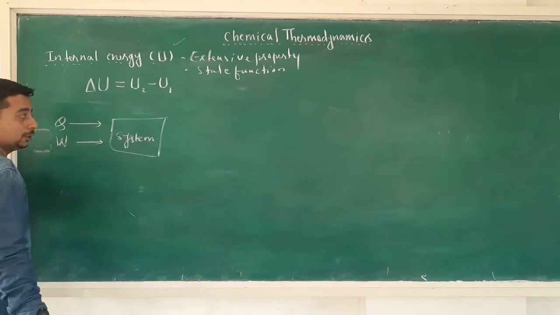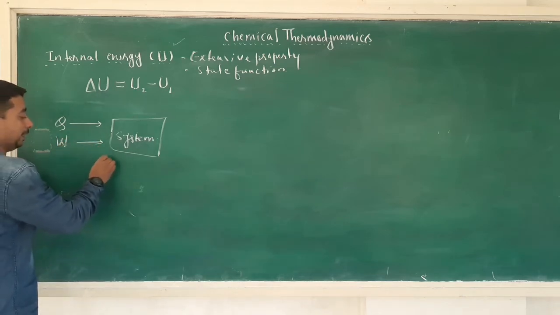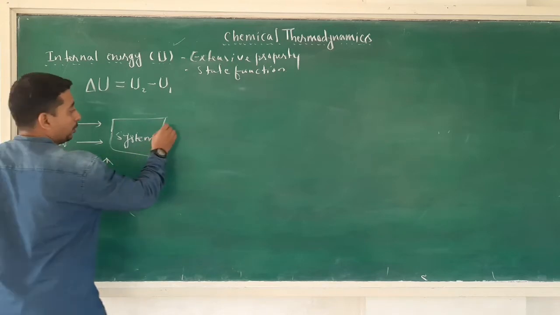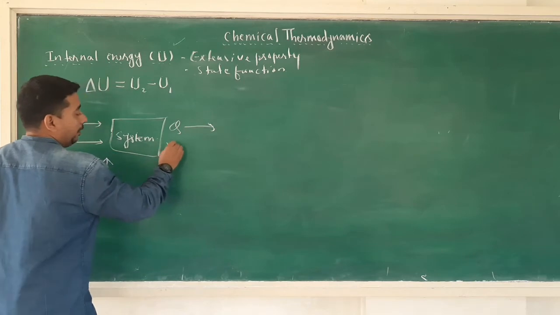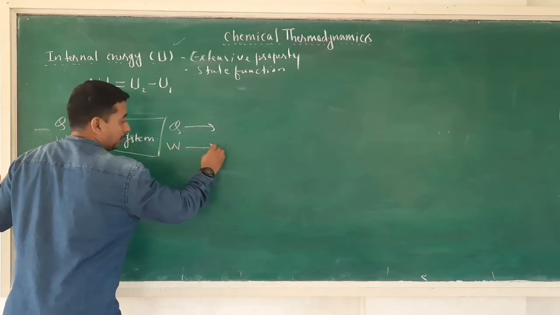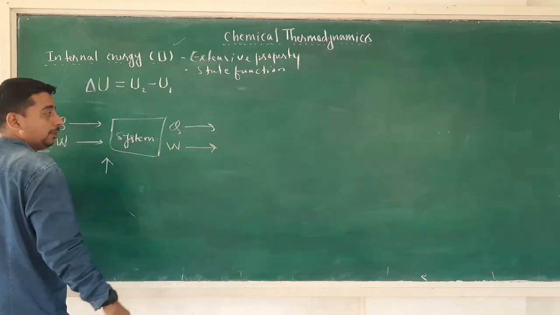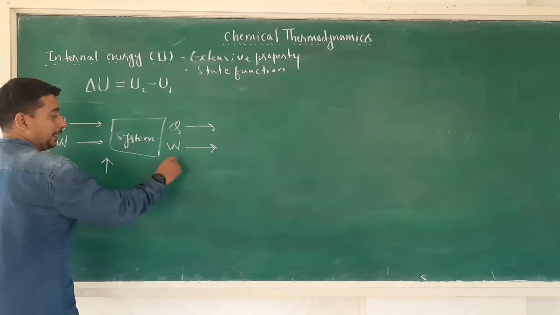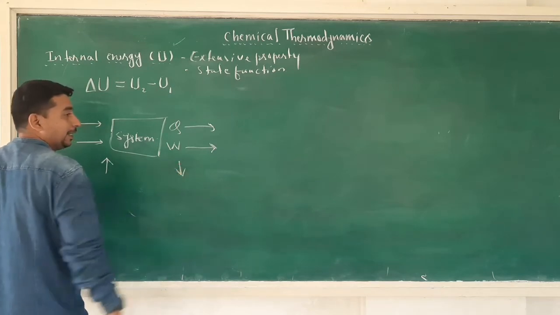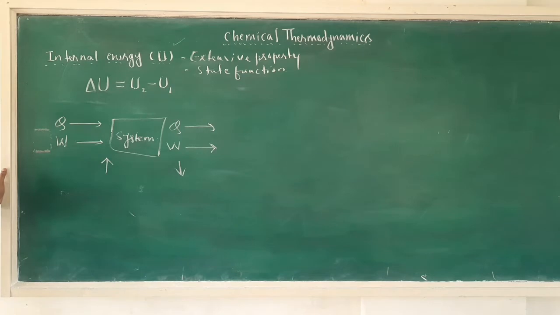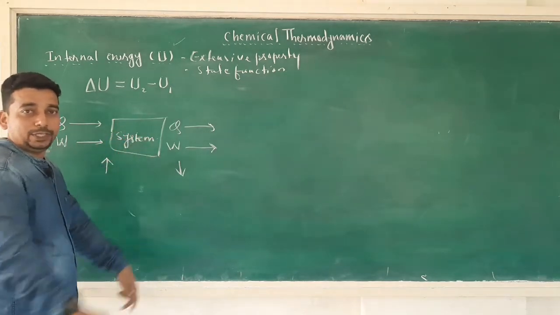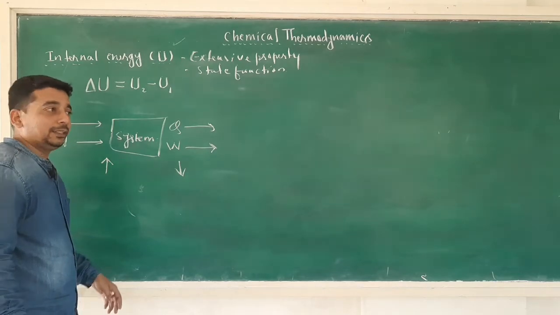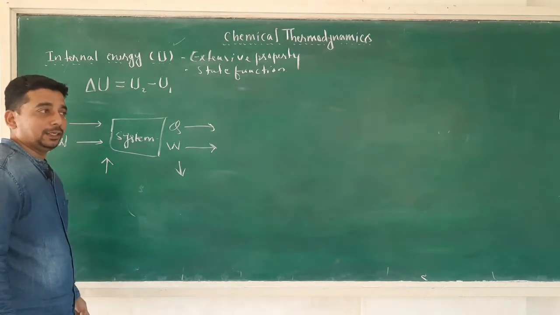So the internal energy of the system will increase. When energy in the form of heat is removed from the system, and work is done by the system on the surrounding, the internal energy of the system will decrease. Anyway, you just have to remember that energy supplied to the system will be added to the internal energy of the system, and the internal energy of the system will increase.